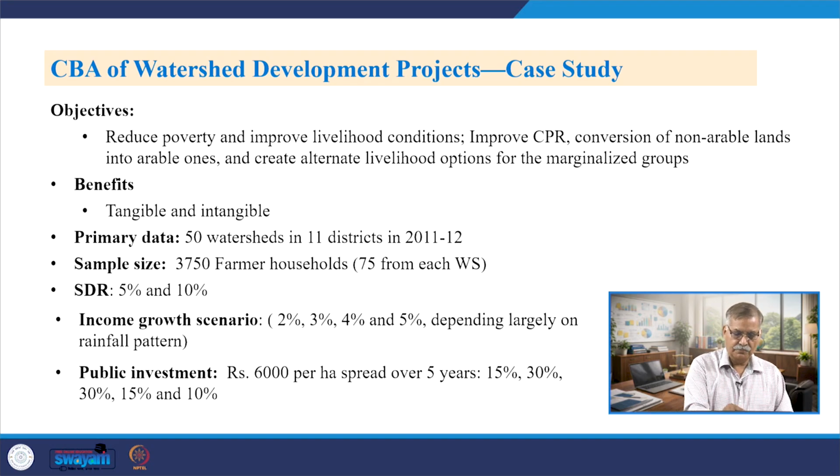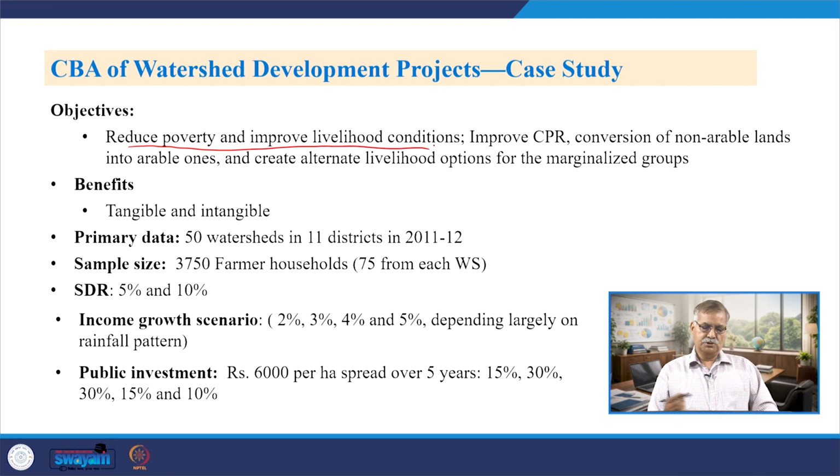Here the main objective of the watershed development project is to reduce poverty, improve livelihood conditions, improve common property resources, conversion of non agricultural land into agricultural land, create alternative livelihood options for the poor people, and benefits of such projects are both tangible and non tangible.